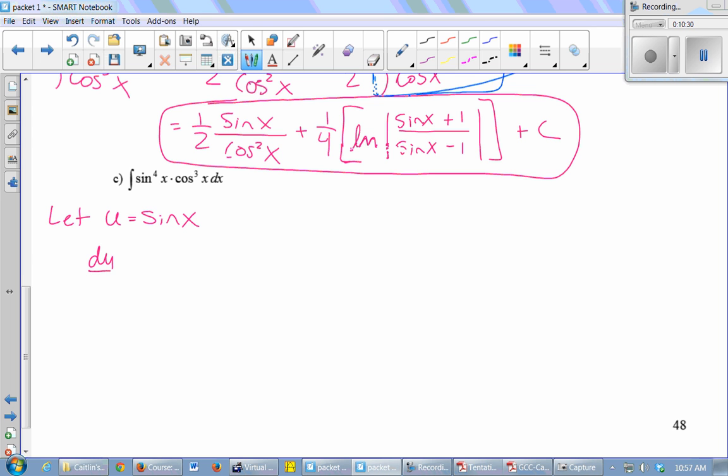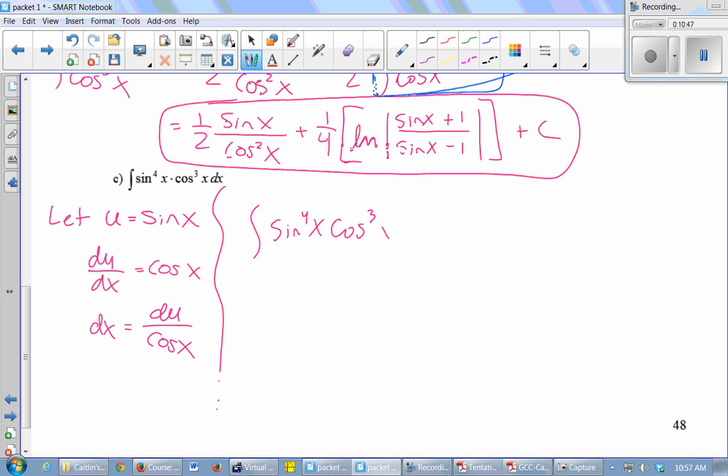All right, so du dx is cosine x, which means dx is du over cosine x. We go to our integral, sine to the 4th, cosine cubed, and do my u substitution.